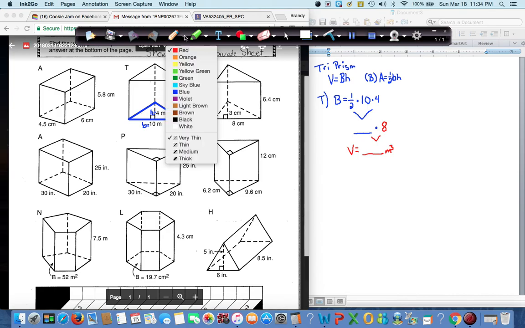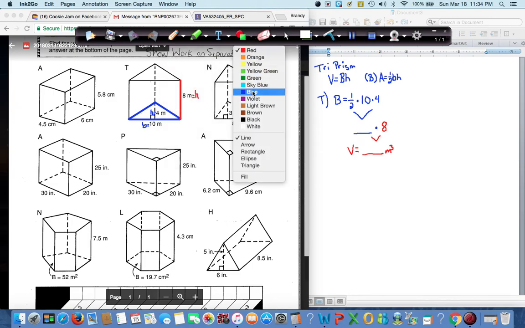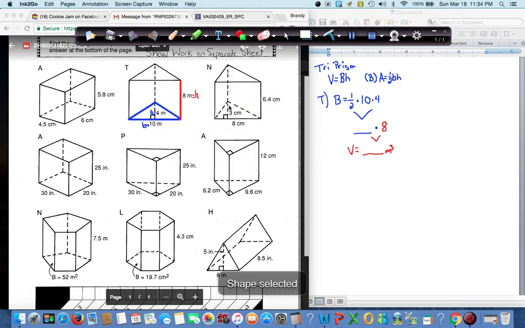And we'll use the same colors to kind of make it work together here. So if we're looking at letter N, again, here's our triangle. And you can use your highlighter or pencil or whatever on the test to help you really see it like this. So here's the height of the triangle and the base of the triangle that you need for the first part.